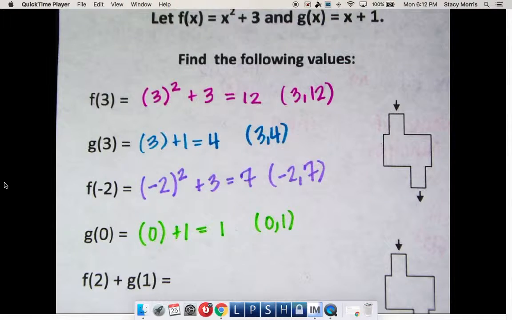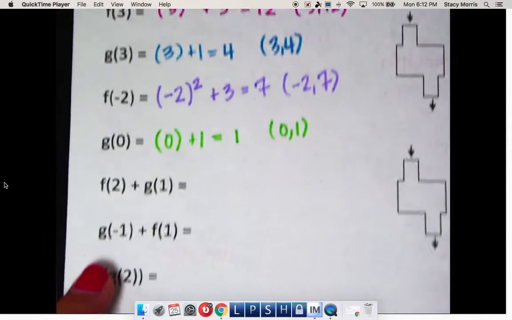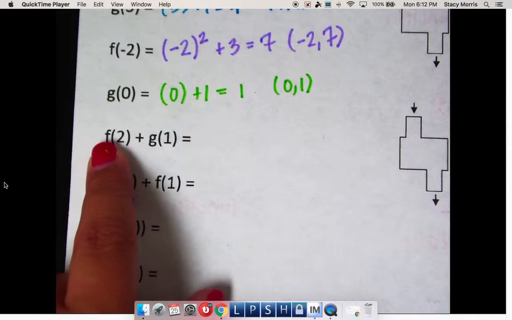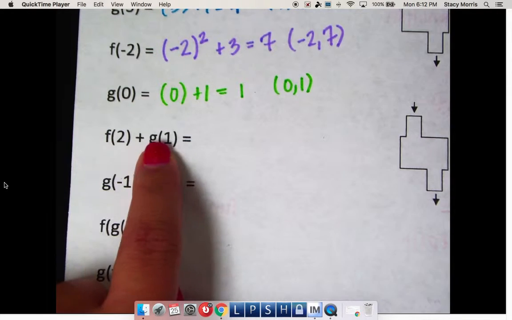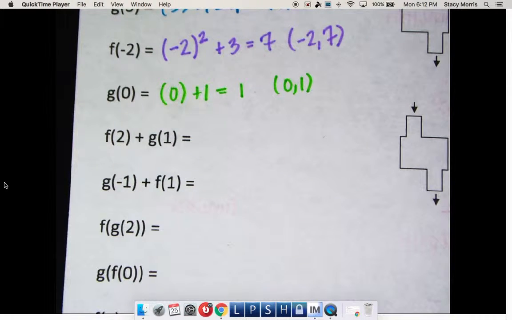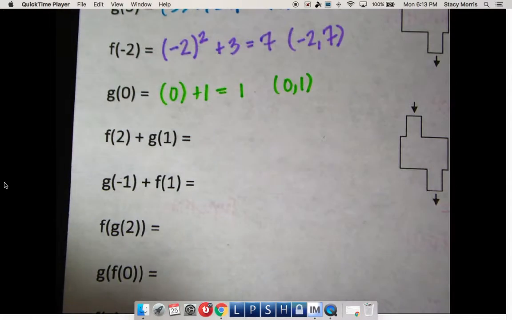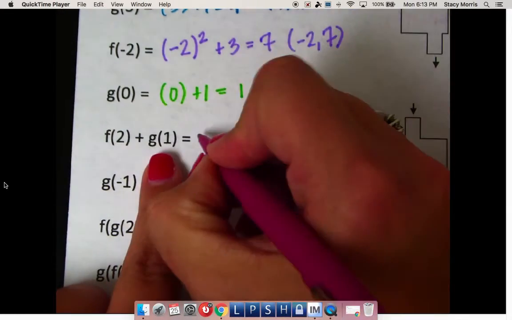All right. The next section gets a little bit trickier. It's asking you to do f of 2 and g of 1, and then you're going to add those answers together. So I'm going to actually do f of 2, and then I'm going to do g of 1, and then I will add them together at the end. So f of 2, I'm going to use my calculator, but I want to plug it in.